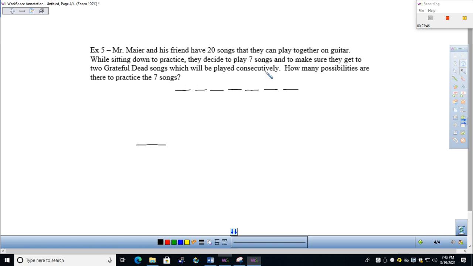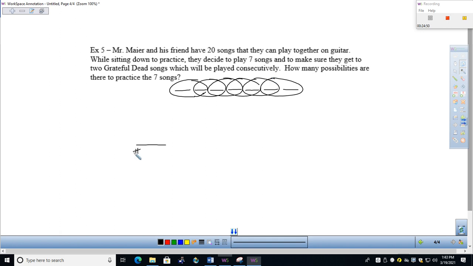So my thought, and this is just the way I break it down, is we have to figure out which pair of slots those 2 Grateful Dead songs are going to be in. So for example, if you look at this, I'm going to circle it. We could play those 2 songs here and here, the first and second. We could play them second and third, third and fourth, or fourth and fifth, or fifth and sixth, or sixth and seventh.